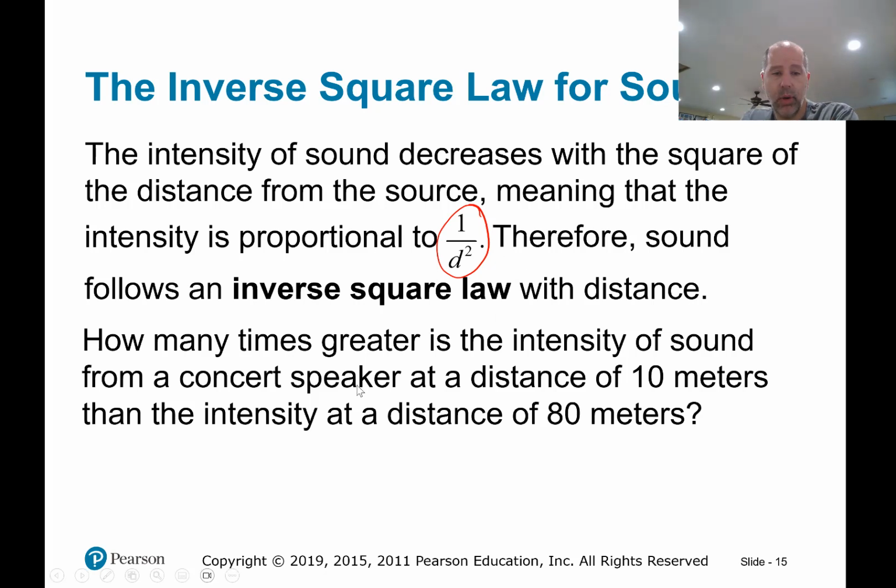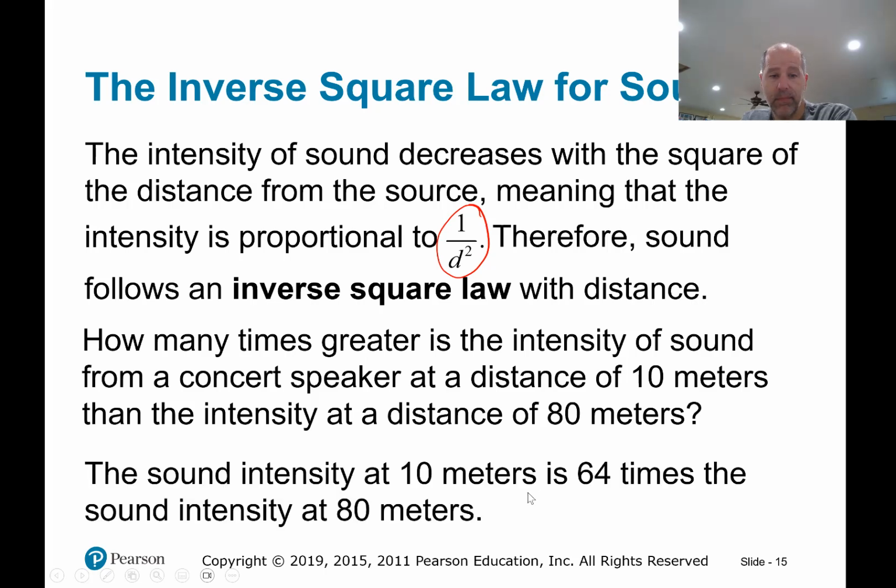We want to know how many times greater is the intensity, so we're going to use the squared distance, the inverse square law for distance. Now the sound intensity at 10 meters is 64 times as intense as at 80 meters.